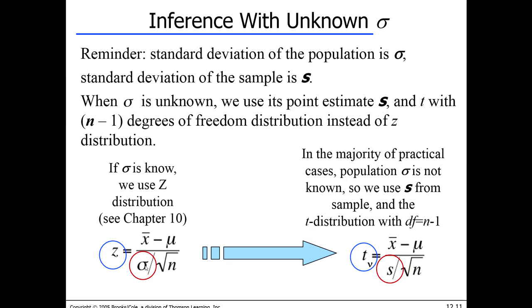But we don't know sigma. So we use the next best thing, s, the sample standard deviation, right? If we replace sigma with s in this formula, then the result is going to be t distributed with n minus 1 degrees of freedom. So df, this symbol right here, with subscript n minus 1 degrees of freedom.